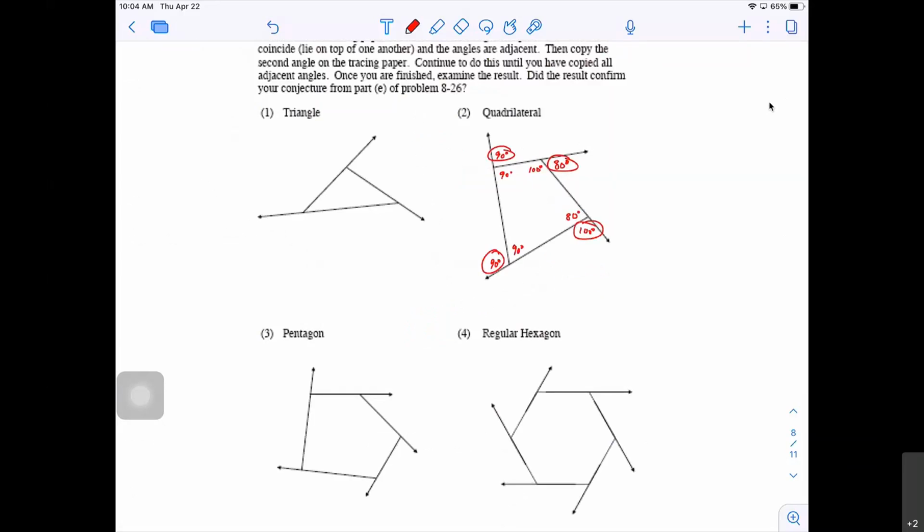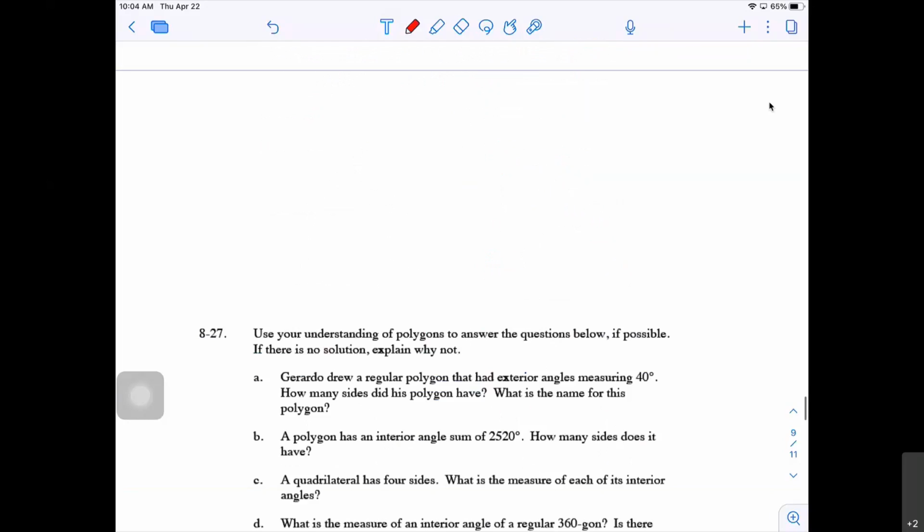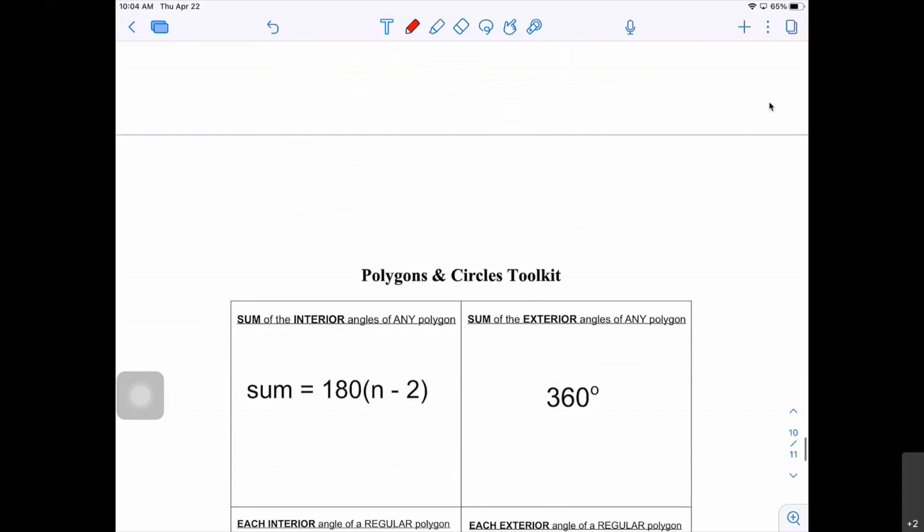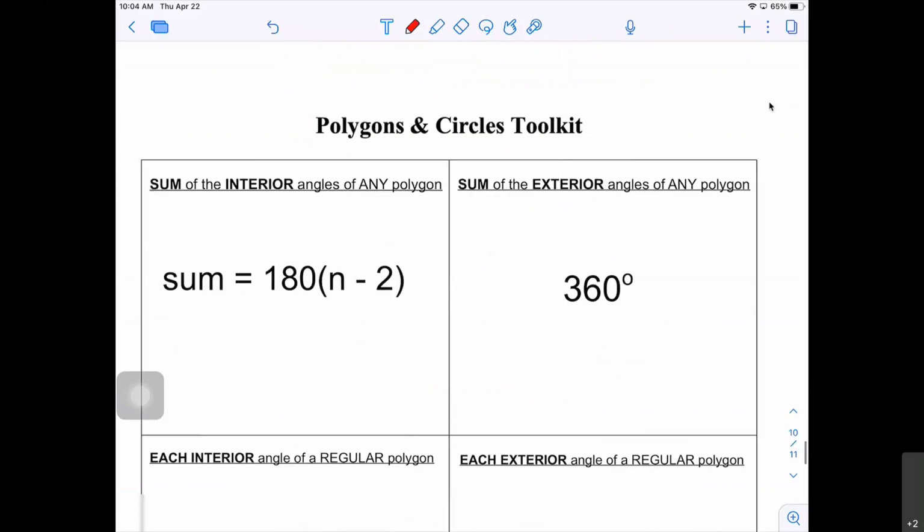Let's summarize some stuff here. So take out your green toolkit. We're going to add what we figured out. So there's the next box on the toolkit.